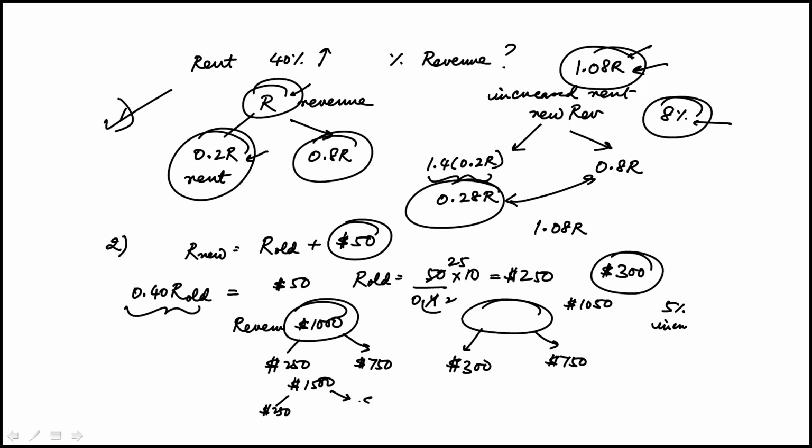So this will be 1,250, and then we have 300 here, 1,250. Total is 1,550. And now this is 50 over 1,500. So this is going to be about 3%, 3 something.